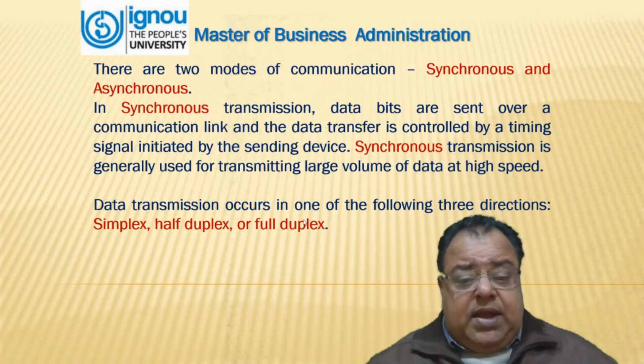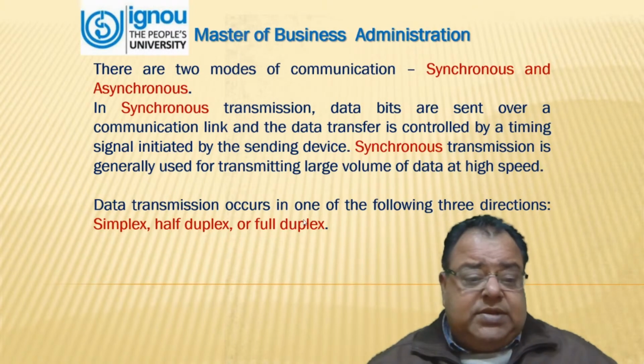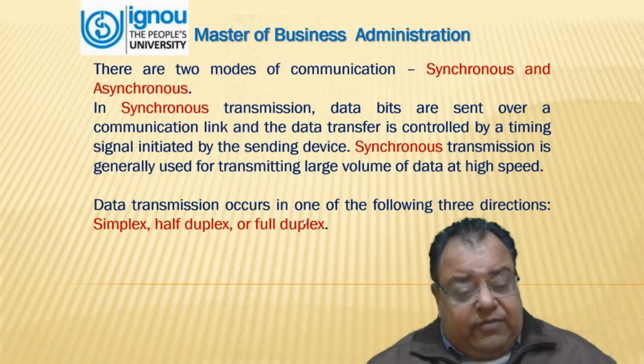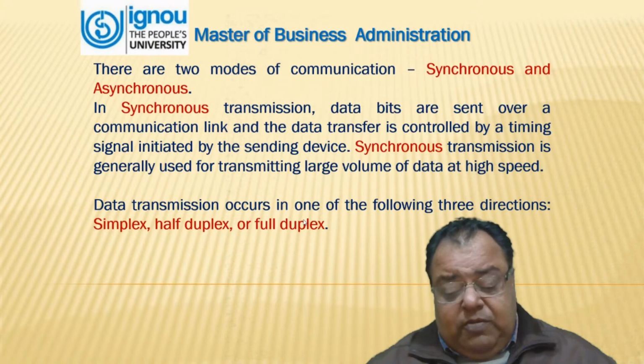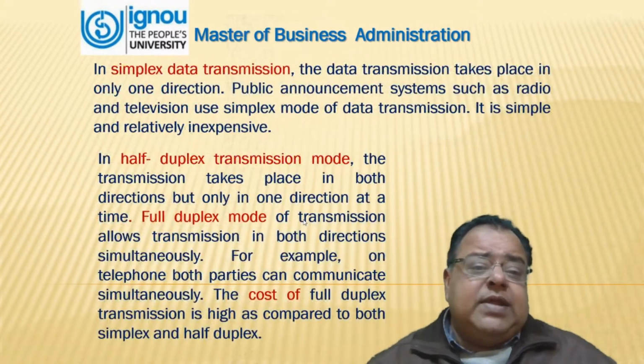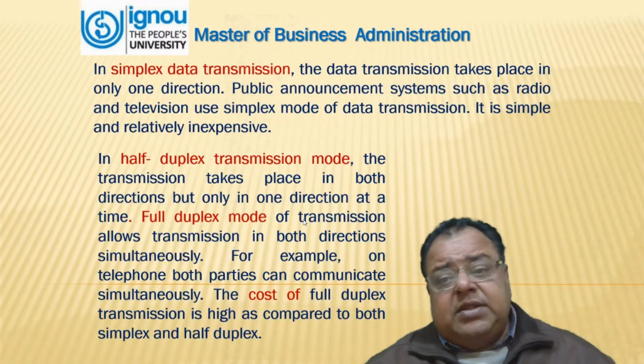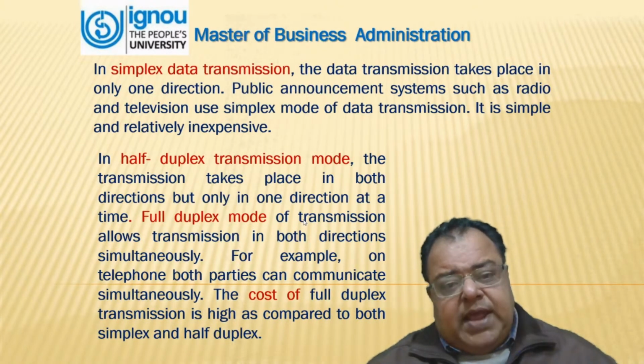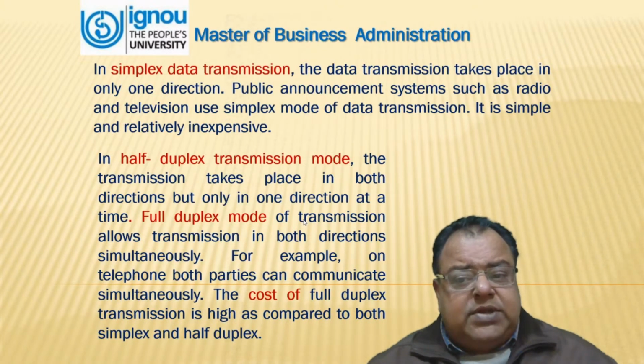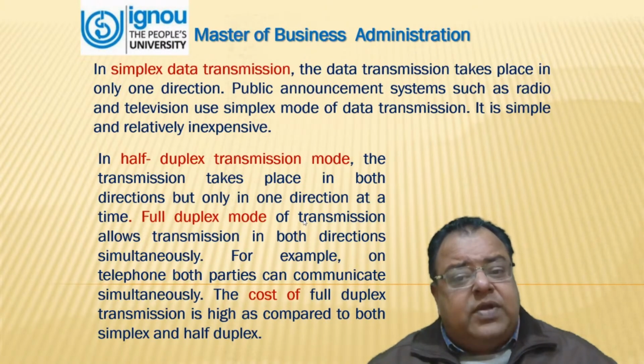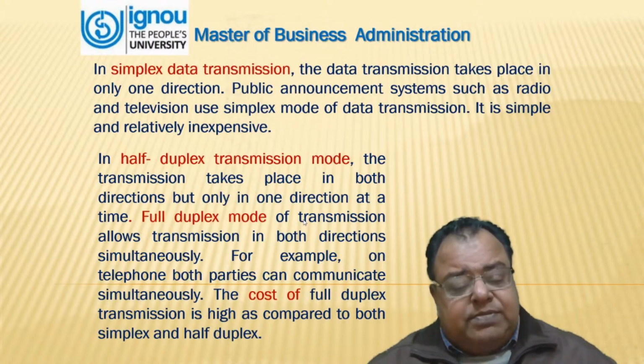Data transmission occurs in one of the following three directions: simplex, half duplex, or full duplex. In simplex, data transmission takes place in only one direction. Public announcement systems such as radio and television use the simplex mode of data transmission. It is simple and relatively inexpensive.